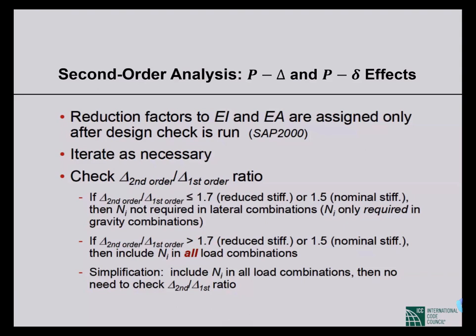And after the design, we get all the axial loads, and from those axial loads we can accurately determine what amount of reduction of stiffness should be there. Then we apply those reductions of stiffness values, and then we run again.